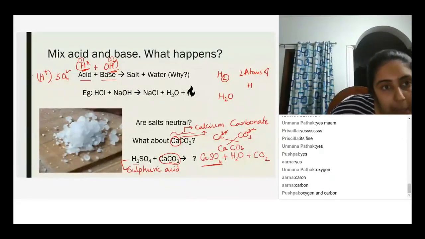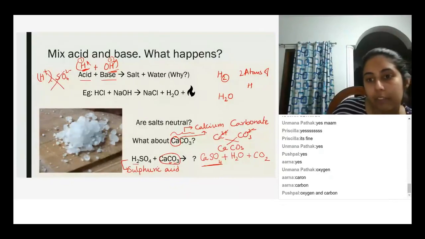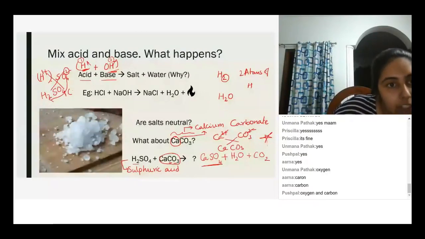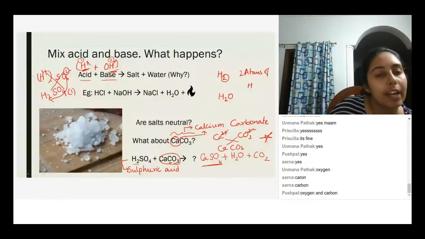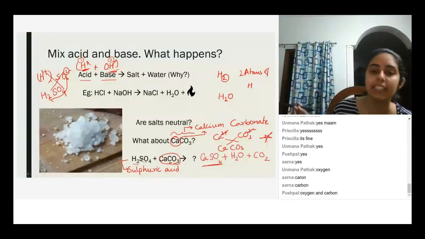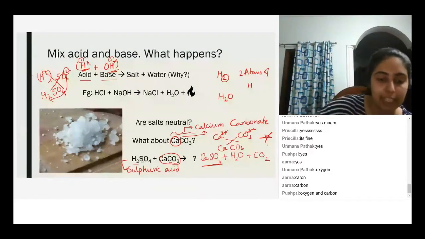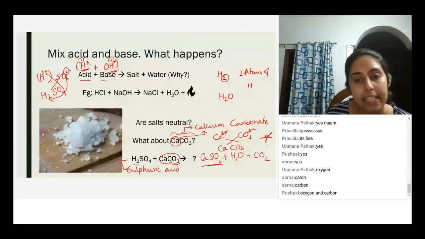Then I cross multiply these, just like I did over here. This 2 comes over here and I write H2 and then SO4. The 1 from this will come over here, but I don't have to write 1, and that is how I get H2SO4. Did you understand? Yes, ma'am. Okay, very good. So this is called sulfuric acid and this is CaCO3.